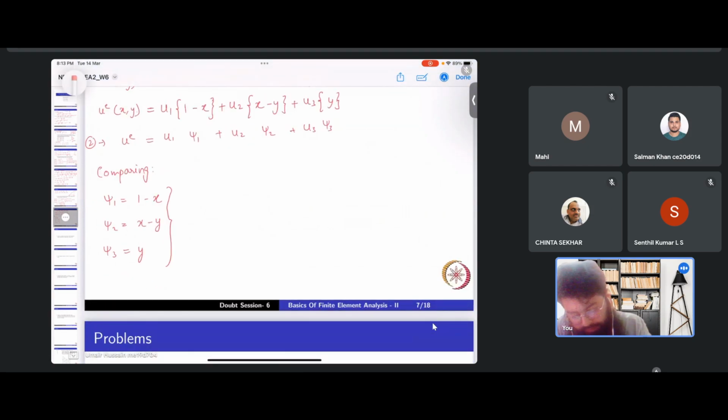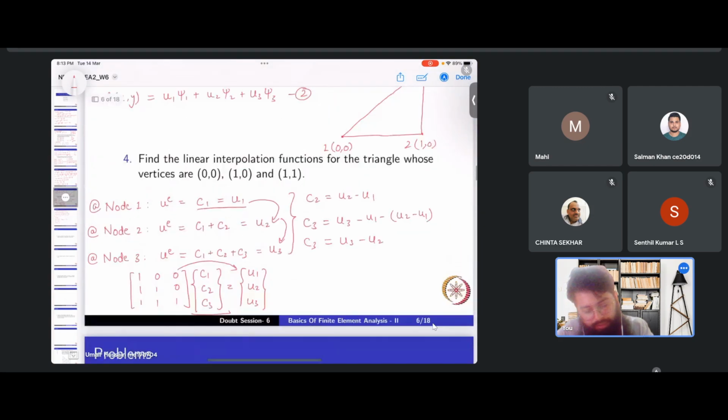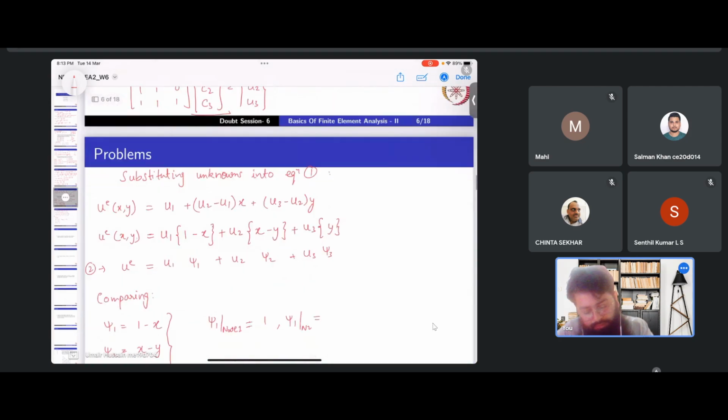We can verify if we got the right answer by checking the value of psi 1 at node 1. At node 1, both x and y are 0. So we get 1, which is right. We get psi 1 at node 2. We have x equals 1, y equals 0.